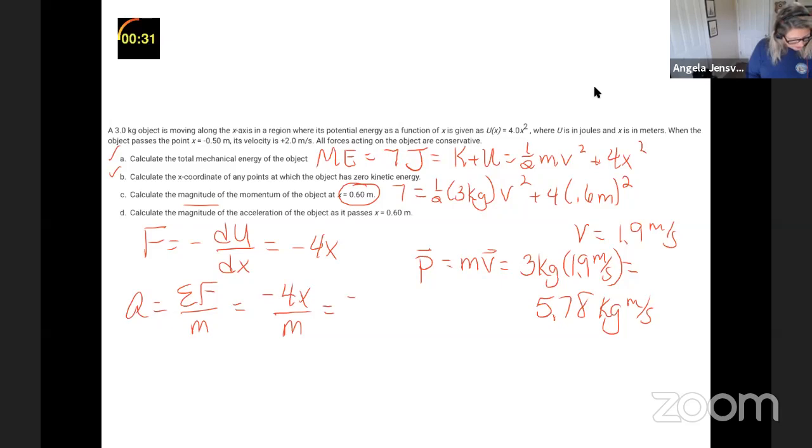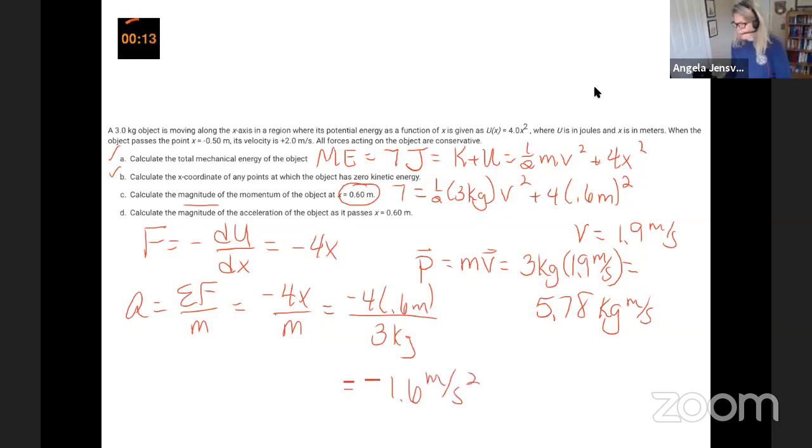So it'd be negative 4 times 0.6 meters over 3 kilograms. If you plug that in, you get negative 1.6, so 1.6 meters per second squared.